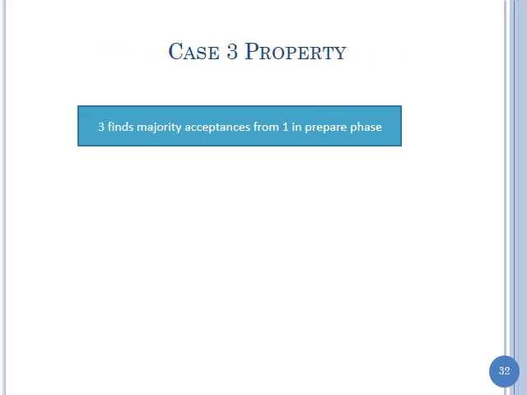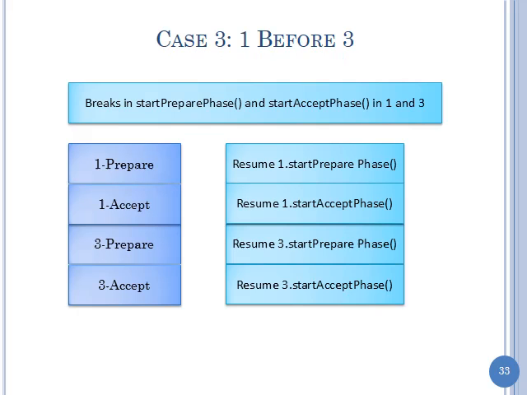So that happens. 3 finds majority acceptances from 1 in the prepare phase, so it will repropose 1's value in its accept phase. Again, we have the breakpoints at the same 2 methods, and we just resume them in a different order to make sure that 1's accept goes through before 3's prepare starts.